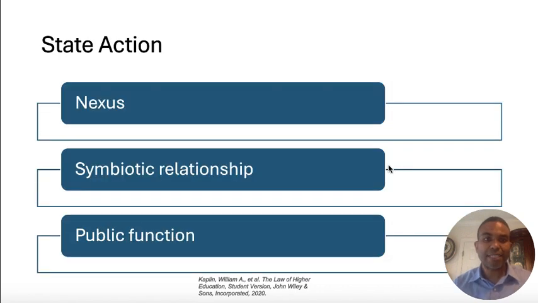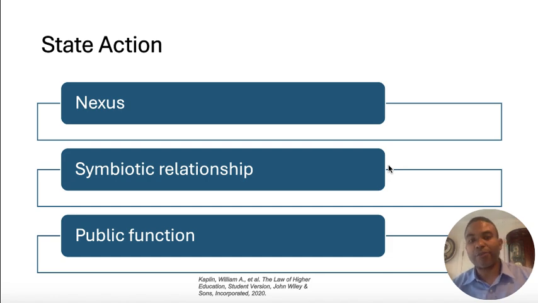So for state action, there's basically three kinds of tests, and that's whether the college, and we're dealing with a private institution here, whether or not they're essentially taking on a state action. One test is nexus, meaning there's essentially such a big loop of connections between a private institution and public organizations.